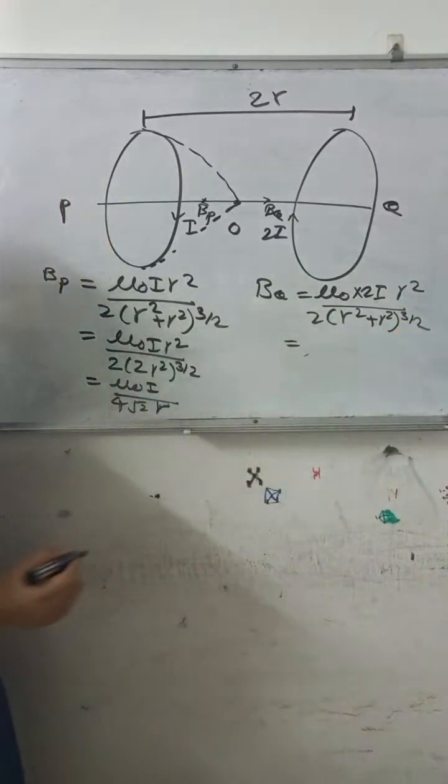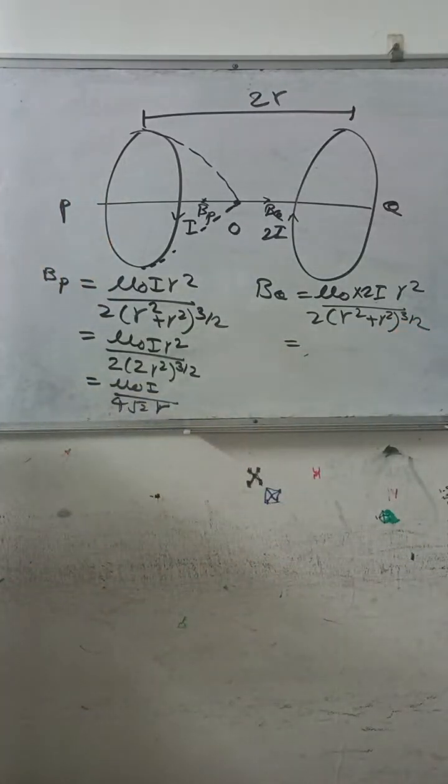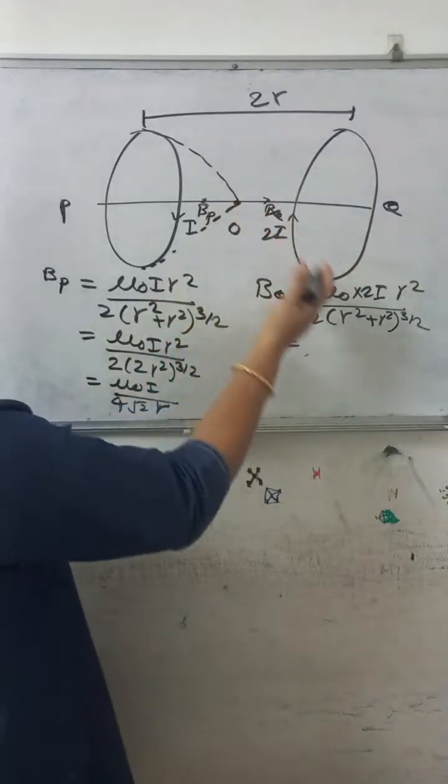Again you can simplify this. After simplification you will get mu naught I upon 4 root 2 into R, which is pointing towards the point Q.